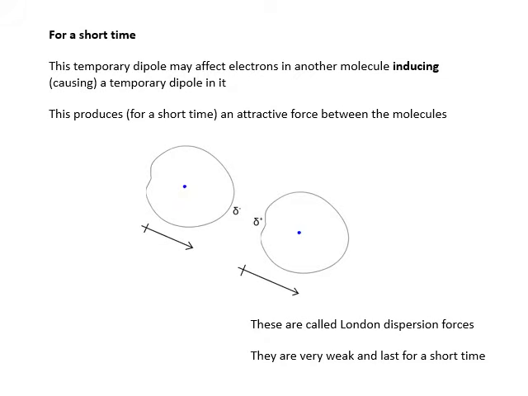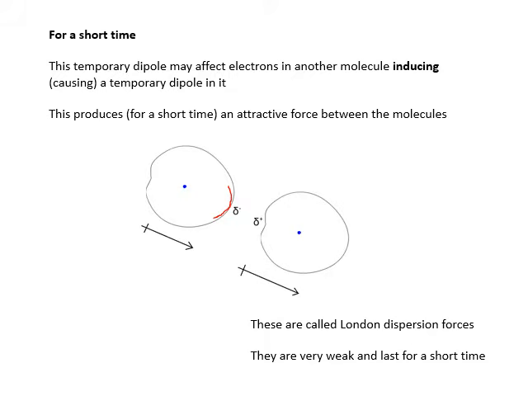Now, for a very short time, the temporary dipole might affect electrons in another molecule, and that might cause another dipole. For example, on this diagram, this side of this molecule is negative. So if there's another molecule close to it, that's going to repel the electrons away, and then that end of that molecule will become positive.